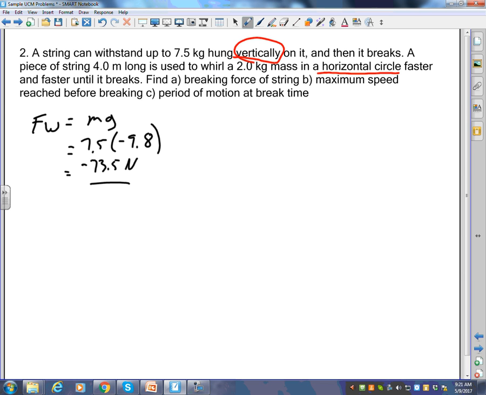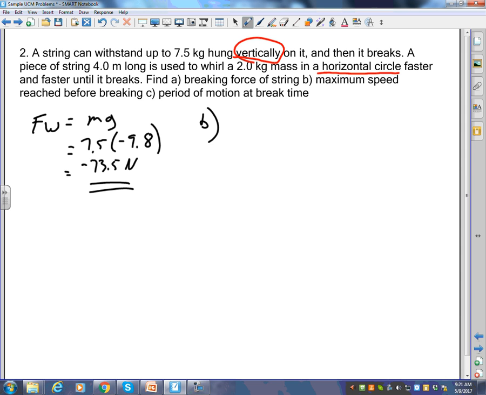That's the maximum tension that this string will withstand. And if you whip it around in a circle fast enough, what will happen? It'll break. The string will reach its maximum tensile strength and break. And of course, engineers would be concerned about that.